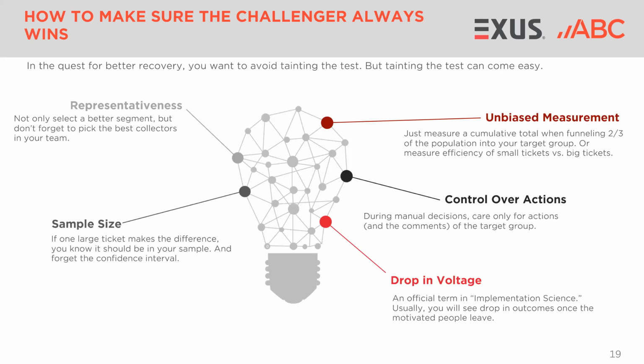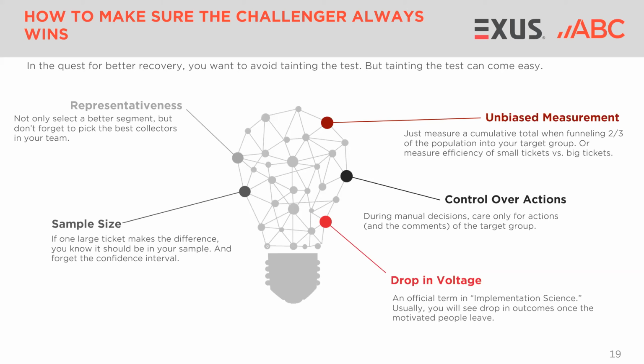So if you know cash collected per case is 10 and the confidence interval is 0.5, then I can have a difference of only 1% and still be pretty confident that my champion and challenger are statistically different.